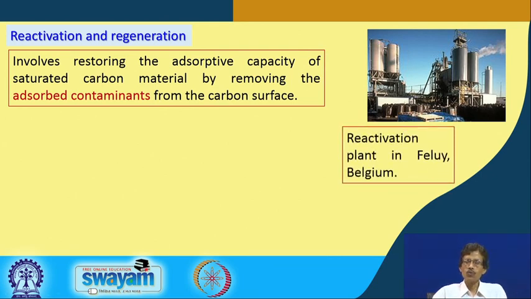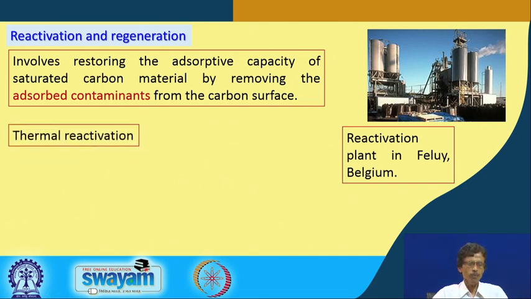So, this figure shows a reactivation plant in Belgium, Feluy. The place is Feluy, where we have the corresponding reactivation plant. So, it is basically a huge plant. Industrial inorganic chemistry can also be useful for setting up and running this particular plant for regeneration of the activated carbon.